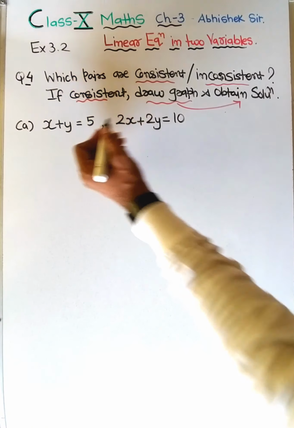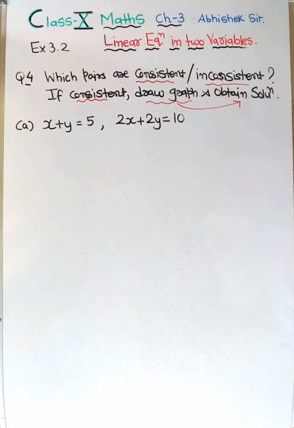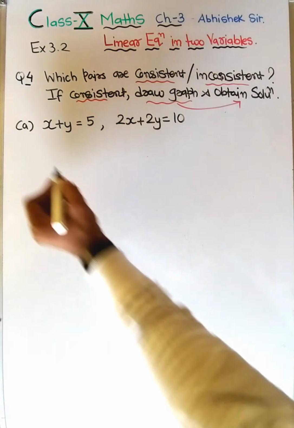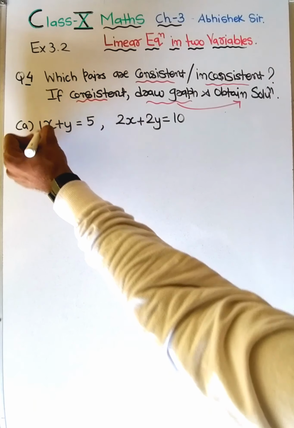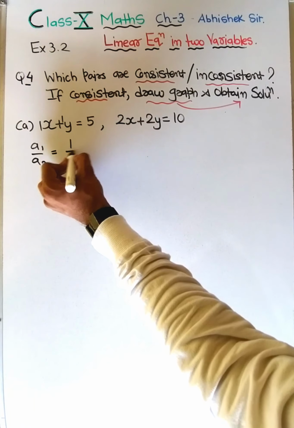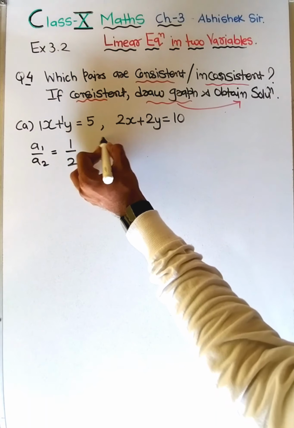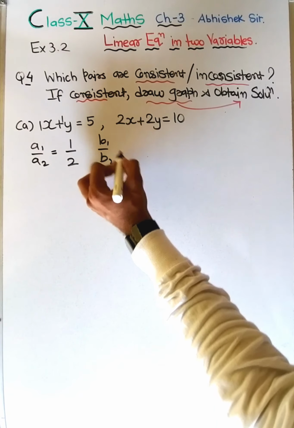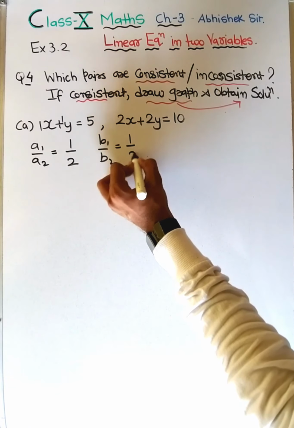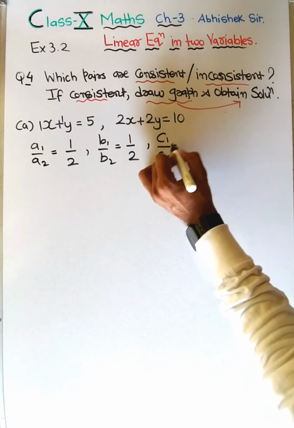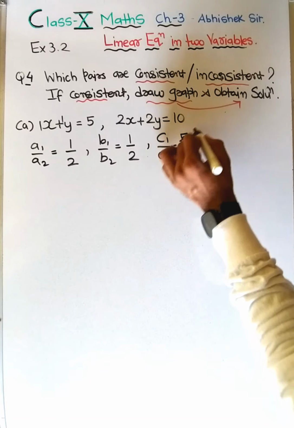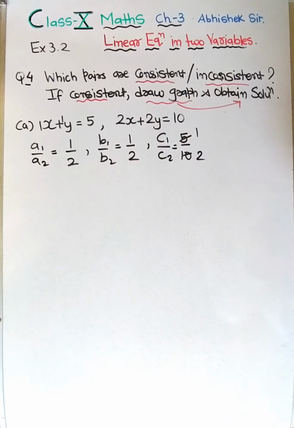So x plus y equals 5, 2x plus 2y equals 10. Now carefully you see, A1 by A2 is 1 upon 2. B1 by B2 is 1 upon 2 and C1 by C2 is 5 by 10. Ultimately, that is also 1 upon 2.